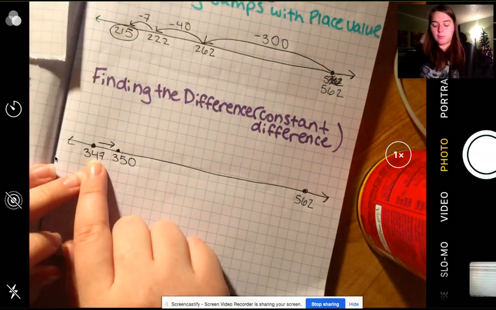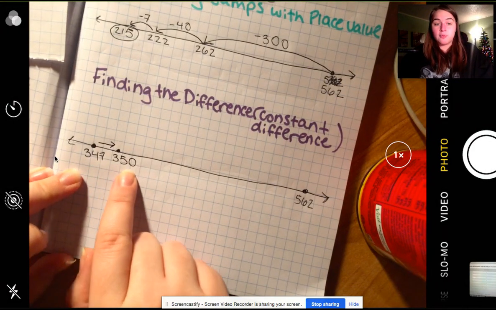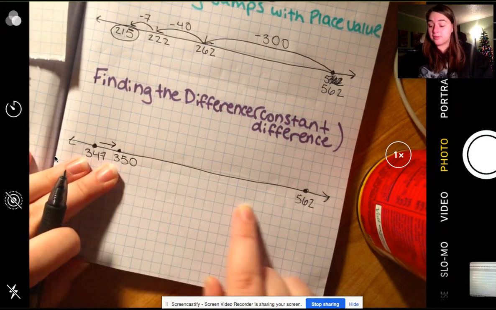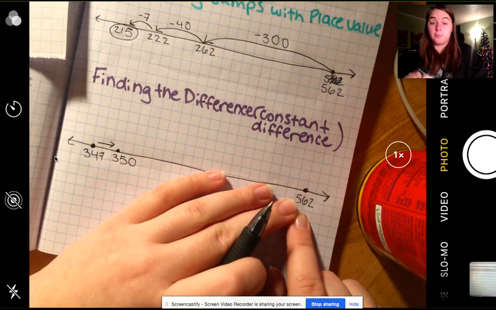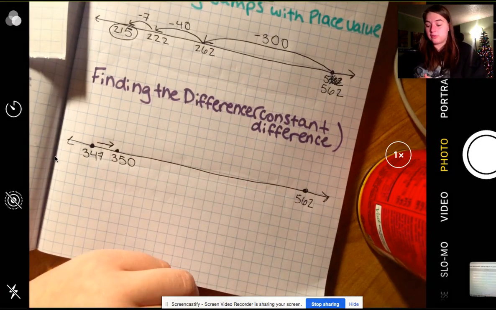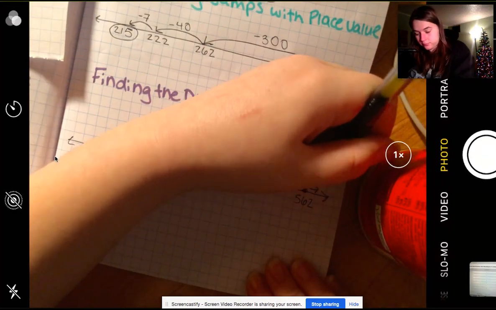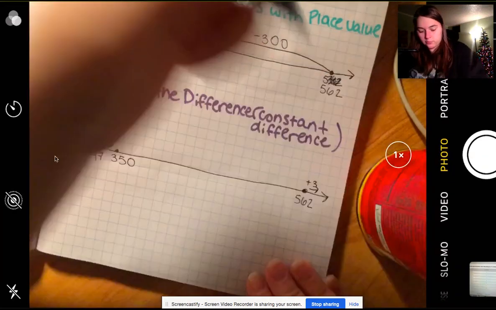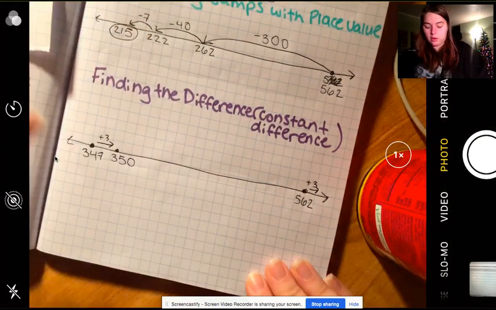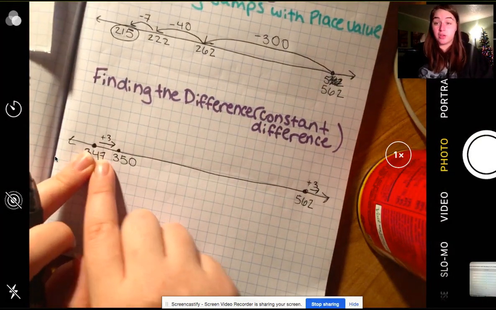Since I rounded this one up by 3, I have to do the exact same thing to the other one. So 562, I would have to shift it over by 3. So I add 3. On this side, what I do to one, I have to do to the other.